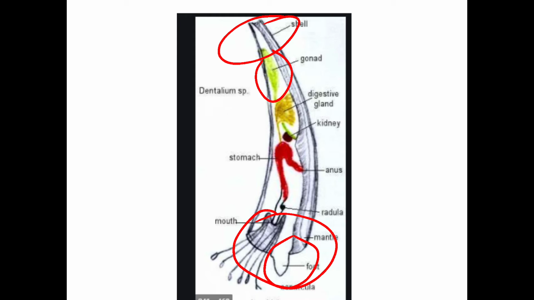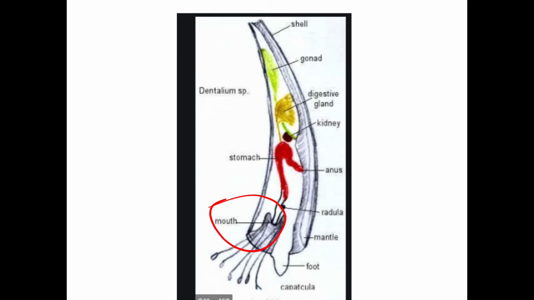The mouth lies at the tip. This is the mouth. The mouth lies at the tip of a pharynx, called the snout or proboscis, and the buccal cavity contains the radula. We know that the radula is present in the buccal cavity.